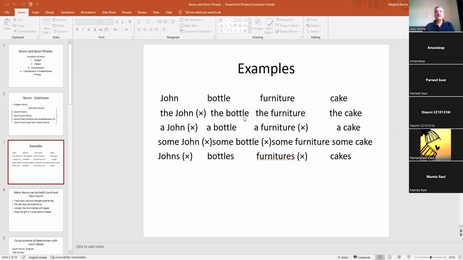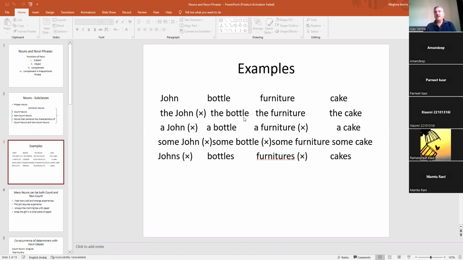If we take the case of John, John is a proper noun, and it cannot be used with any of the articles, determiners. We cannot say the John, a John, some John, or use it in the plural sense, Johns.